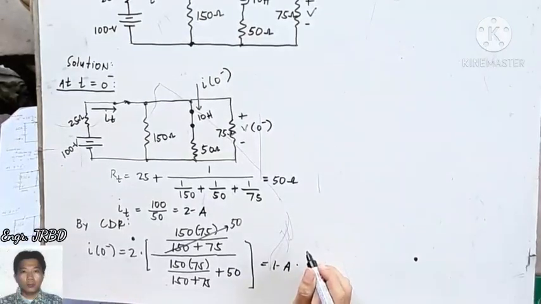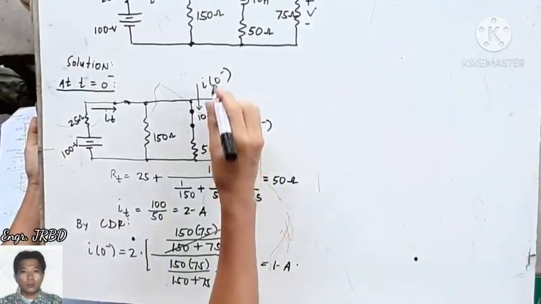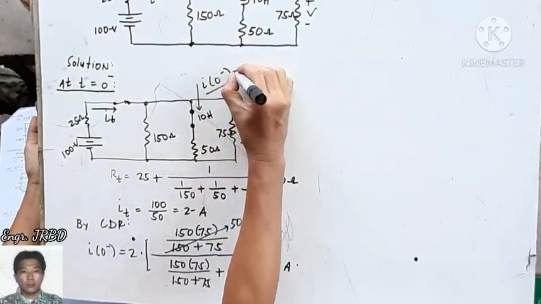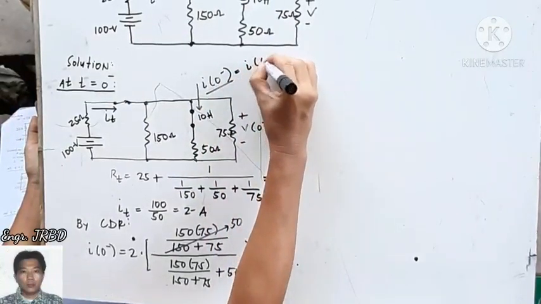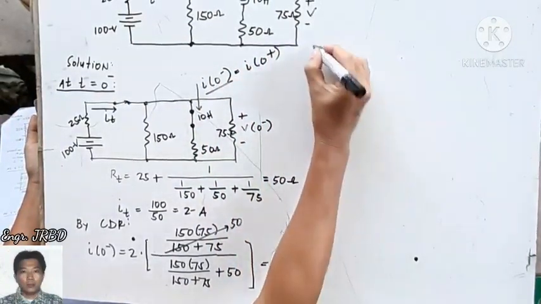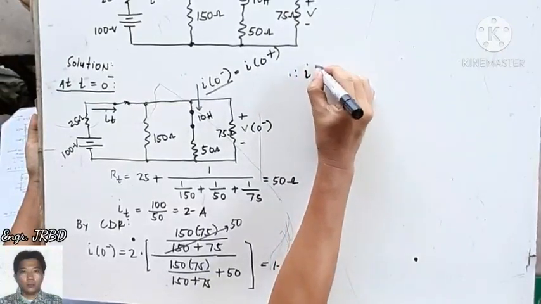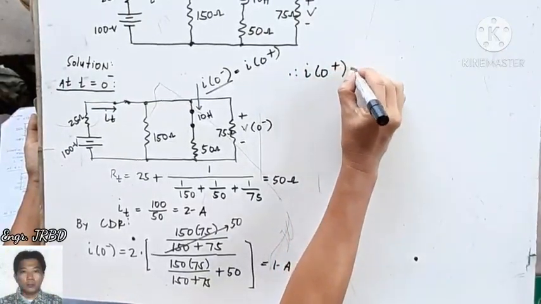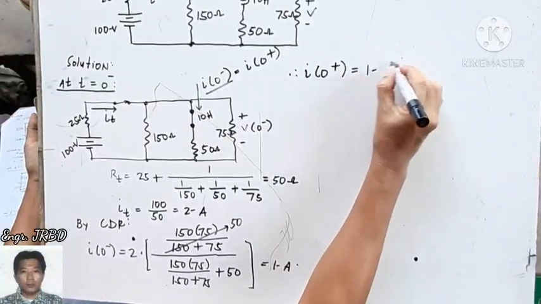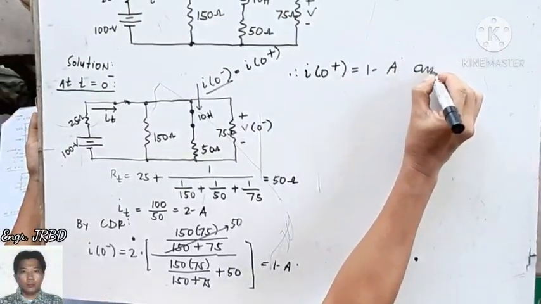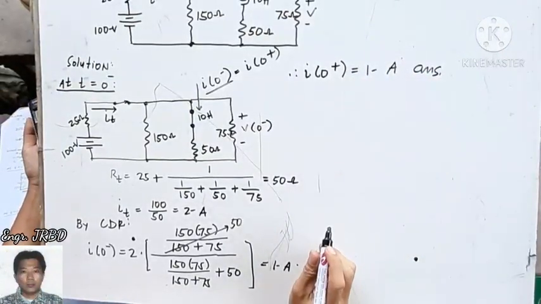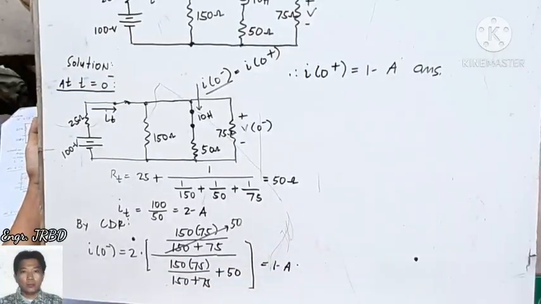And since your I at time t = 0 negative is the same as your I at time t = 0 positive, your I at time t = 0 positive is also equivalent to 1 ampere. That is one of the characteristics of an inductor current.